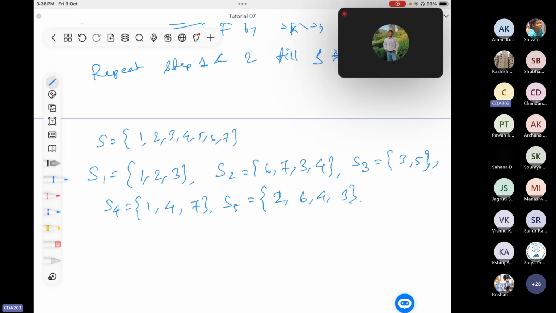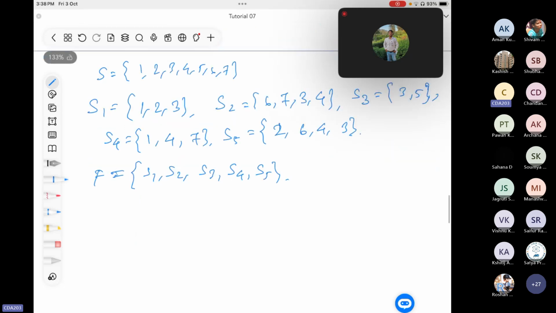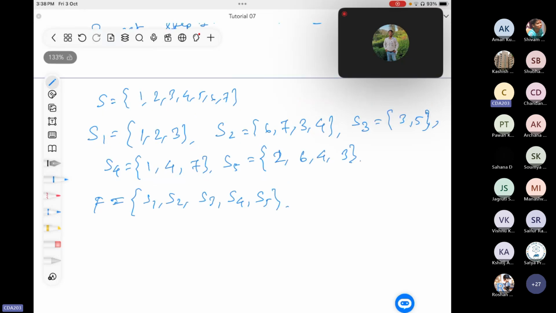So what do we do? We first select the maximum cardinality subset. This is our F. The first step is that we will choose the maximum cardinality subset. What is the maximum cardinality subset in here? These two. You can take any one of them. So let's say we start with S2. We include this S2 in C.